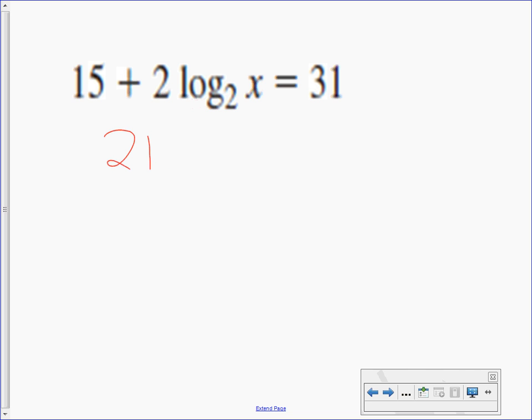Anyway, so you wind up with 2 log base 2 of x is 16. Now what do you do? Divide, okay. So log base 2 of x is 8. Now what? Log base 2 is 8. What am I doing? Now I go 2 to the log base.